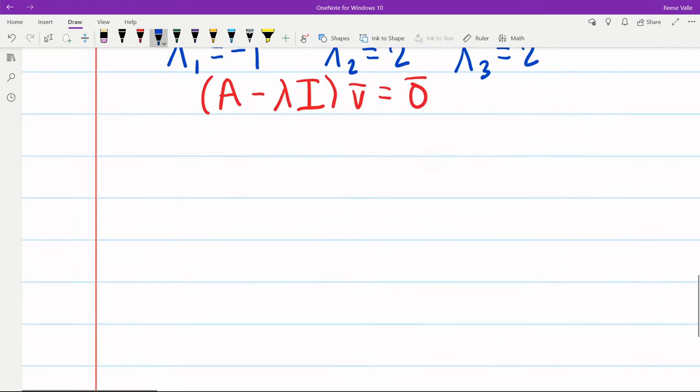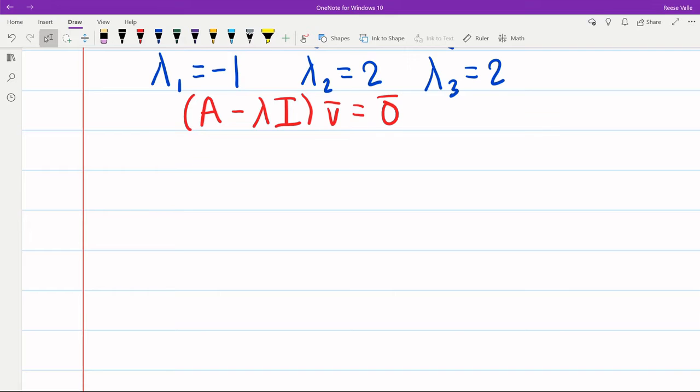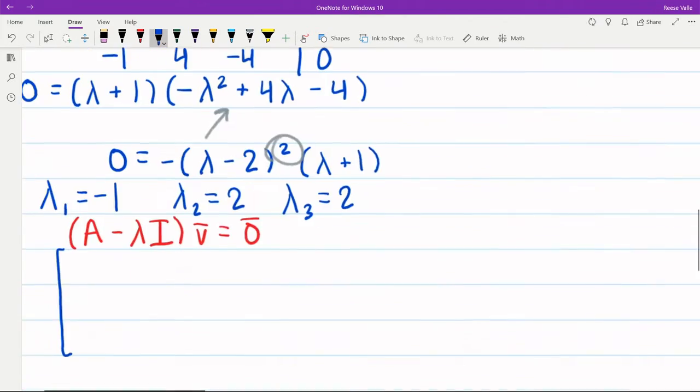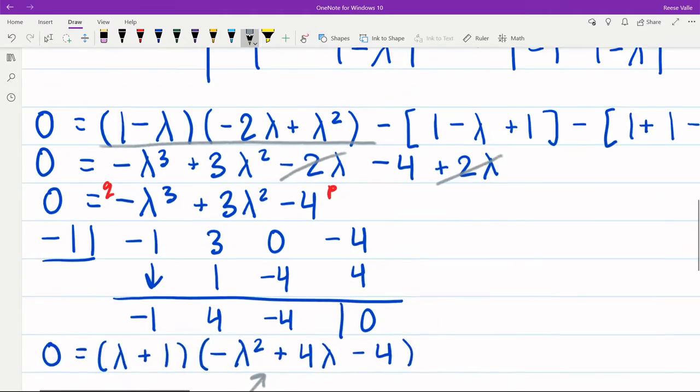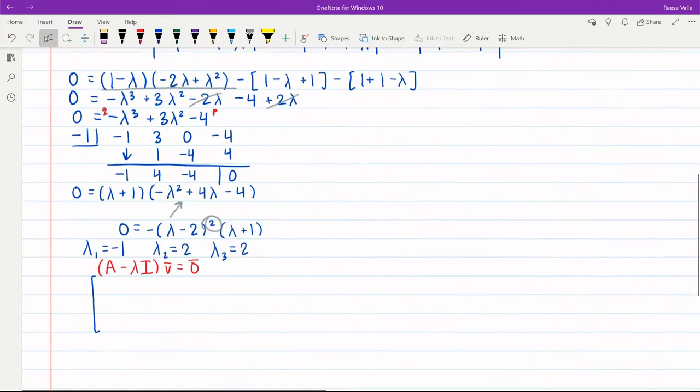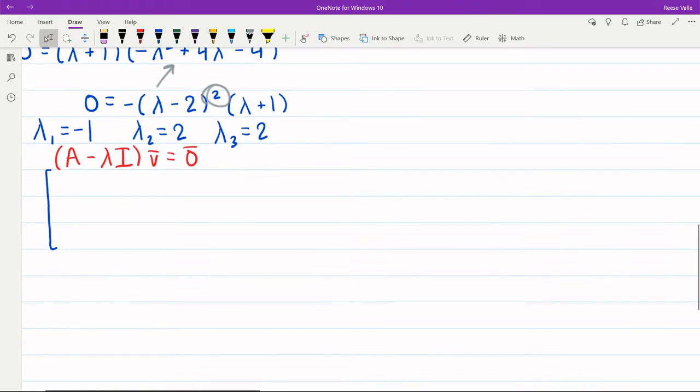So I'm just going to start with lambda sub 1. You just literally plug in the lambdas that you got into that matrix.